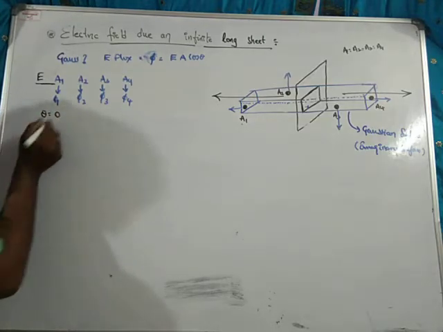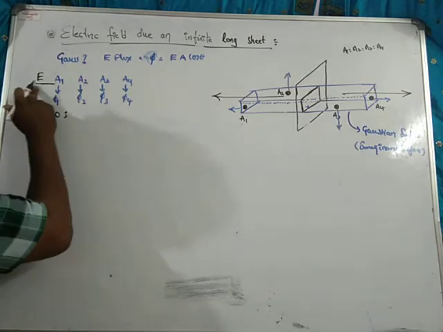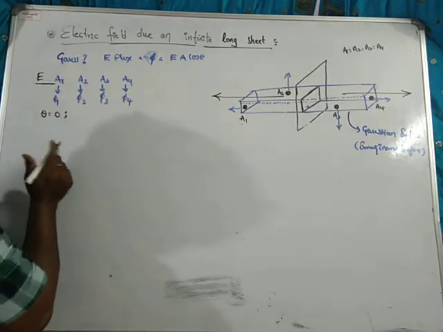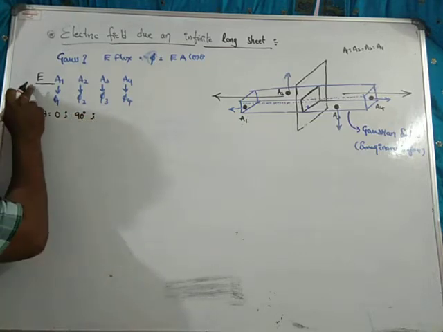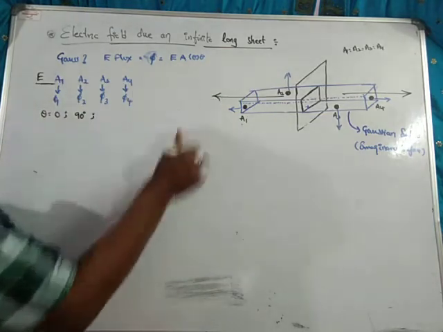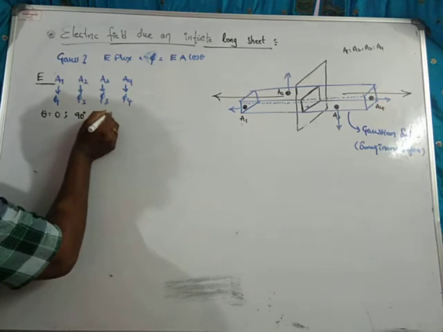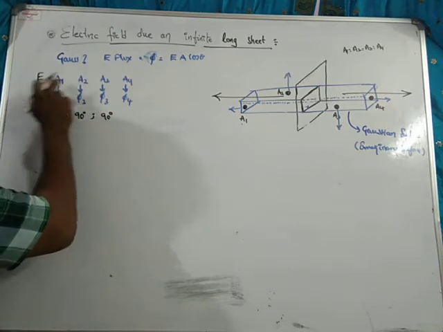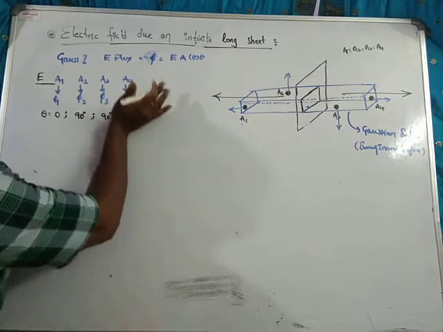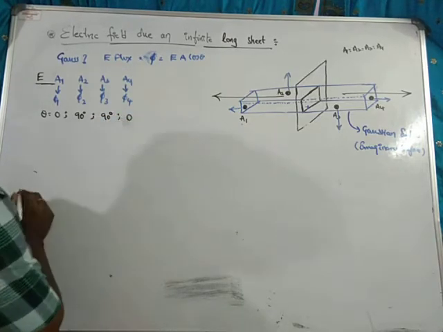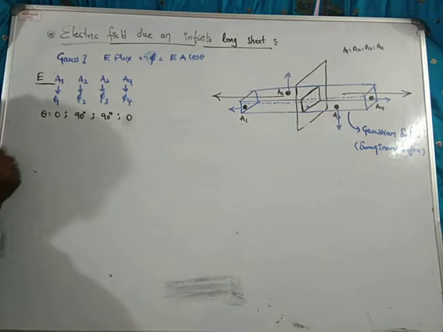For the second one, E and area 2 are perpendicular, so theta will be 90 degrees. E and area 3 is also perpendicular, theta value 90 degrees. E and A4, theta value 0 degrees.